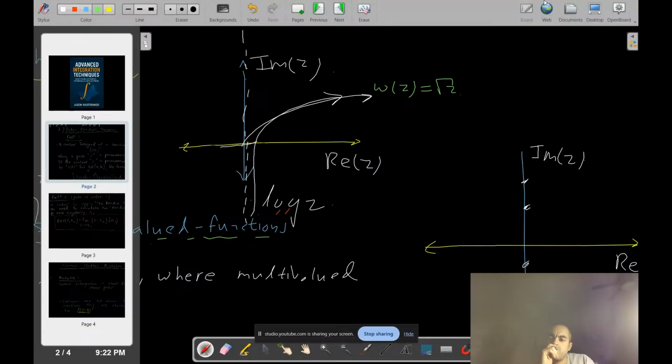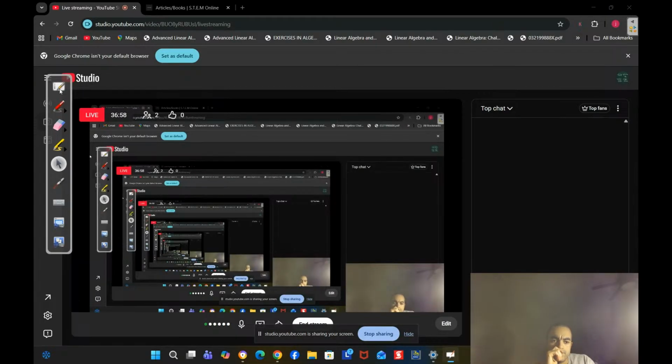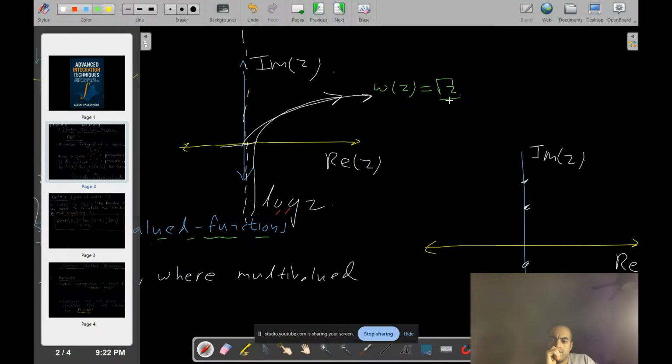Can anyone guess why there's a branch point at 0 and infinity for root z? There's a branch point at z equals 0 and as z approaches infinity. I don't like to say z is infinity, since you can't equal infinity when you approach it.